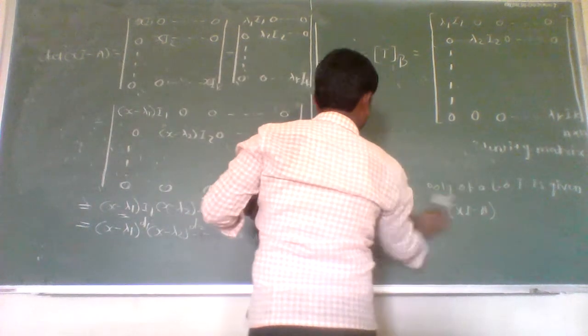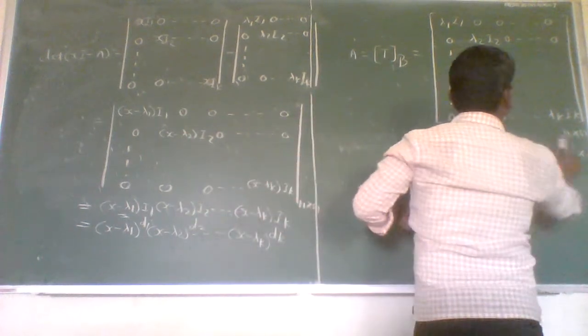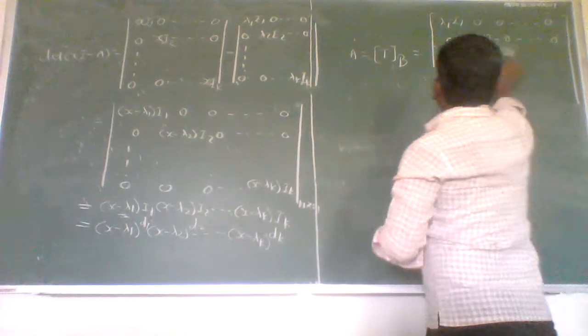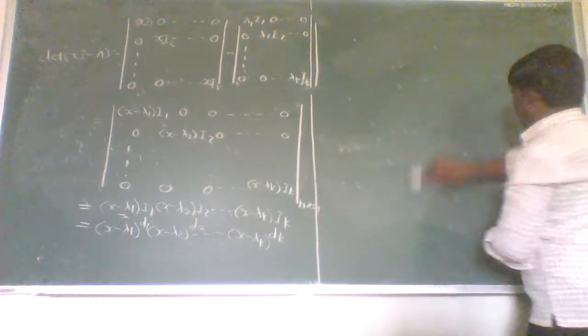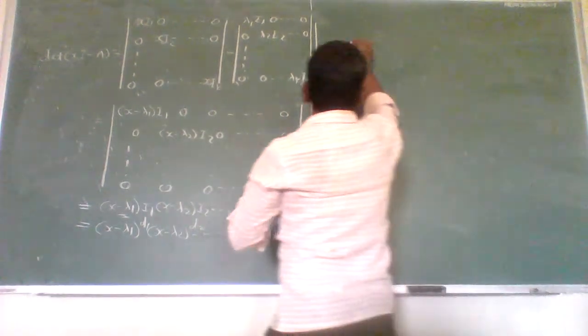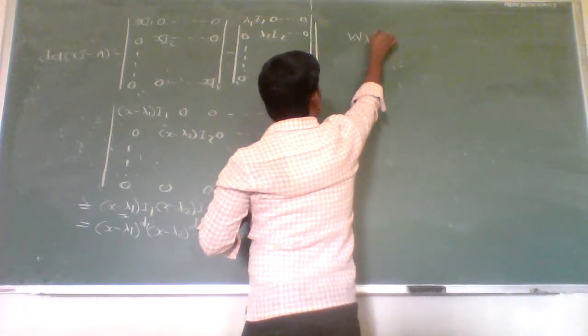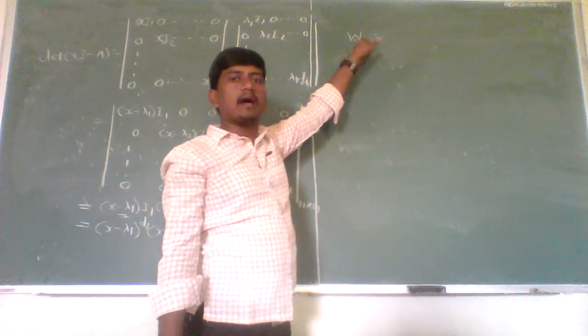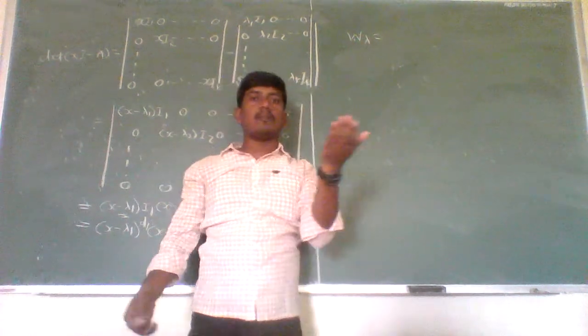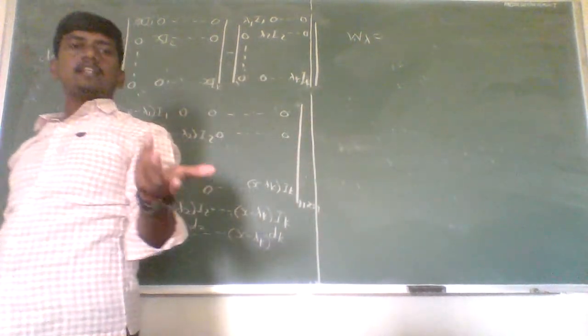Now in the last lecture, we have seen what an eigenspace is. That is, the eigenspace W lambda is the eigenspace with respect to eigenvalue lambda, which is nothing but the collection of its characteristic vectors. The collection of characteristic vectors is nothing but its kernel.